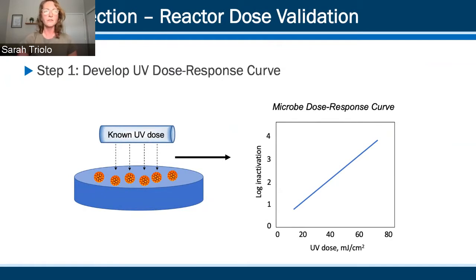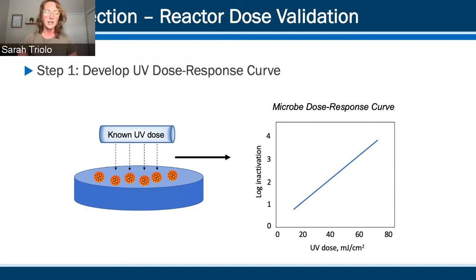The first part is basically developing a UV dose response curve. What happens in this step is that you grow an organism and then you expose, maybe a petri dish of that organism, to a collimated beam, which is an apparatus that can produce, in a controlled environment, a known UV dose.